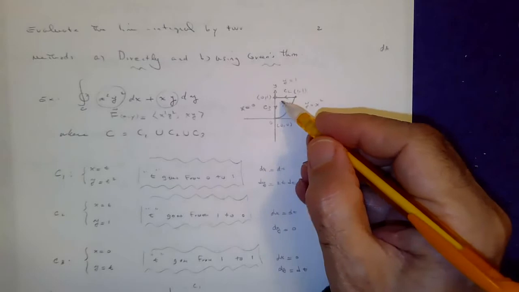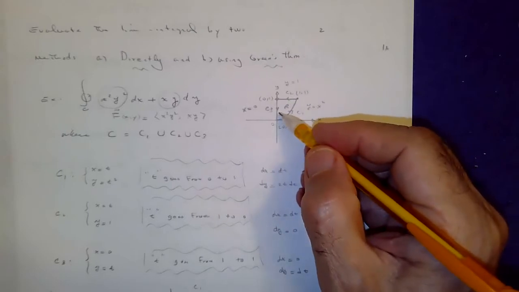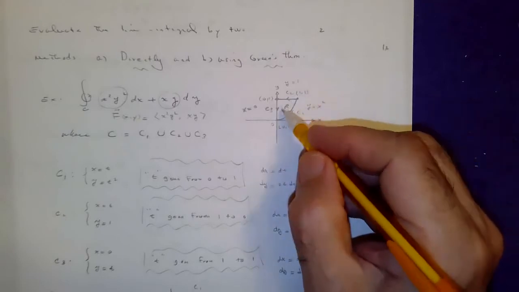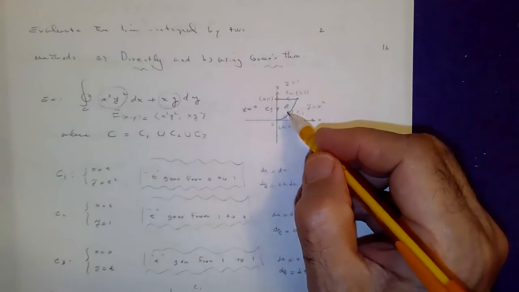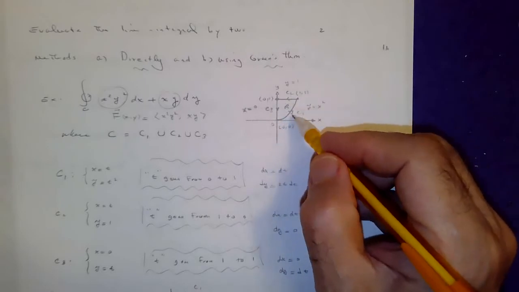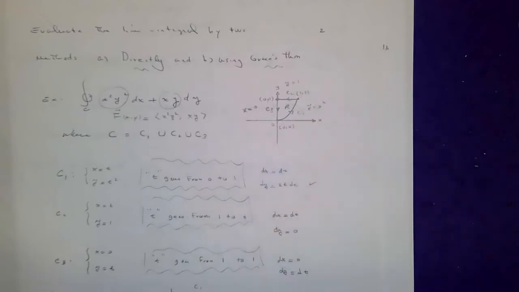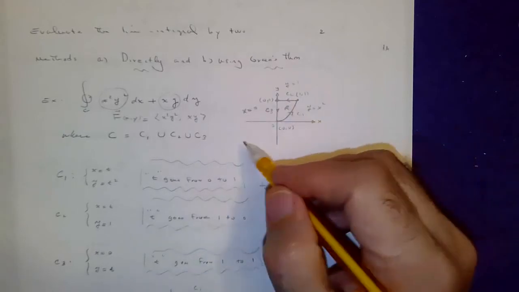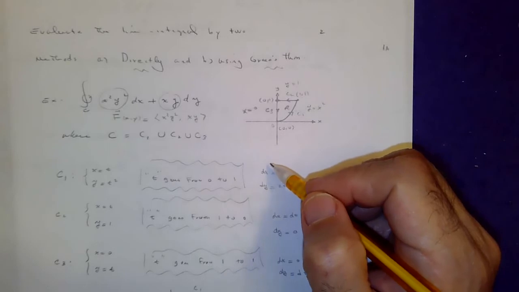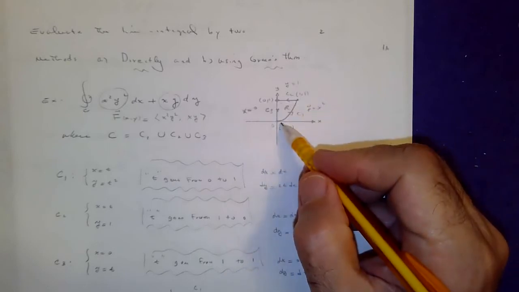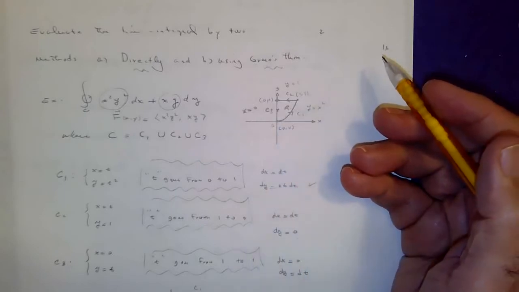Otherwise, if this region was open, then Green's theorem does not apply. Green's theorem applies to a closed region, yes? And on top of it, the boundary of the region has to be positively oriented, meaning it has to go counterclockwise. If it goes clockwise, then you have to multiply the integral by negative. Okay, it's piecewise smooth, so it looks to me all the conditions are satisfied.